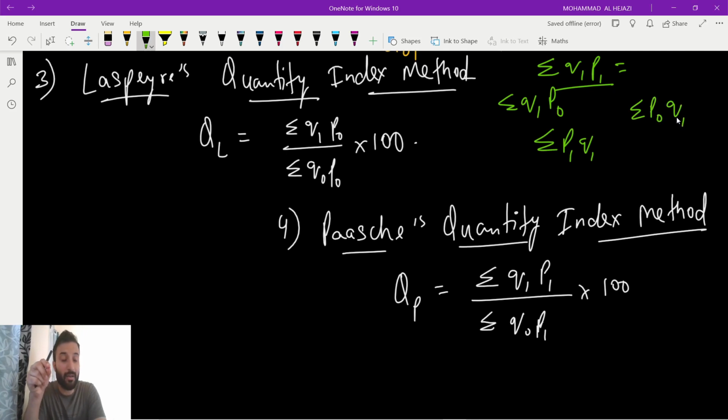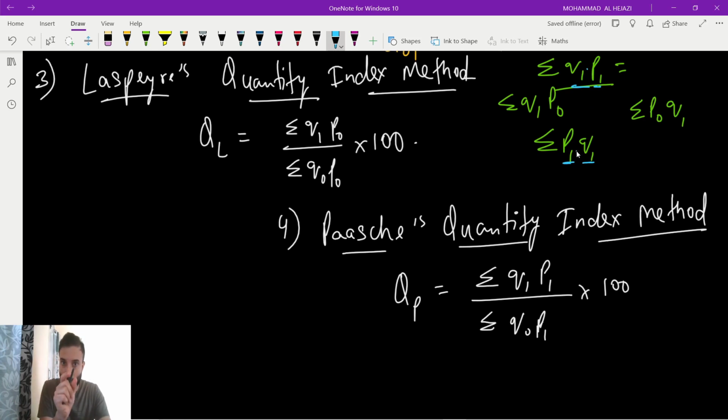So don't get confused and don't say there that sir, the formula is wrong, sorry, the givens are wrong, the question is wrong. No, no, no. Question will never be wrong. See what they have done here. In place of Q1 P1, they have written P1 Q1. So what is the difference? Nothing, because guys it is a multiplication.